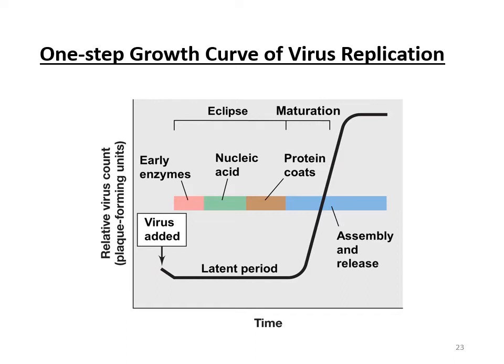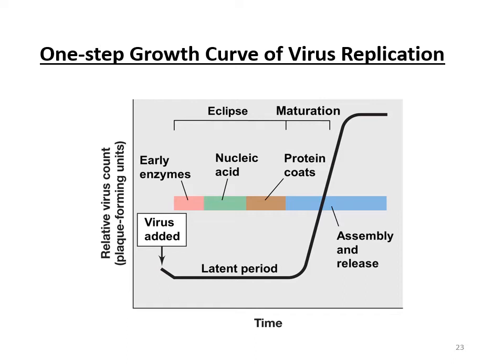When you look at a one-step growth curve for viral replication, you see a latent phase, which is the flat line. You're not detecting any new viruses because at that time they're replicating their nucleic acids, making more protein coats, and starting to assemble new viruses.